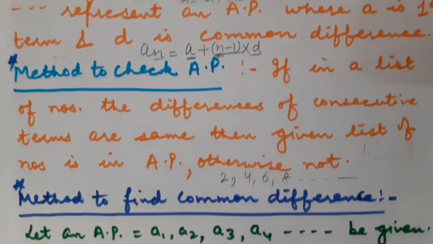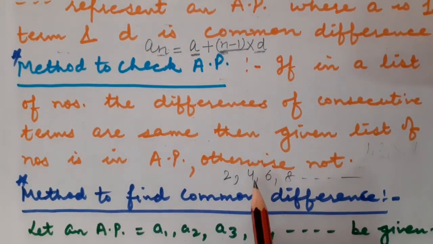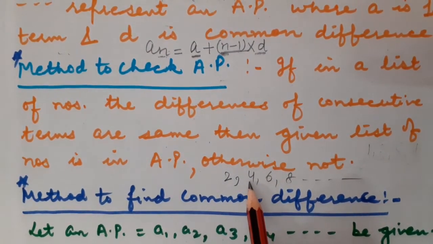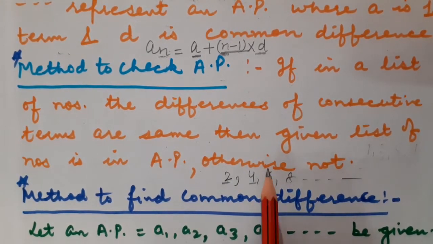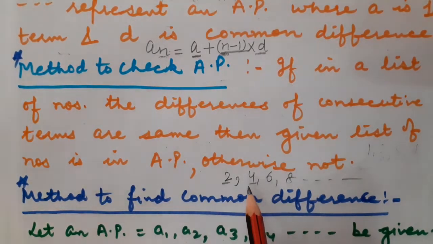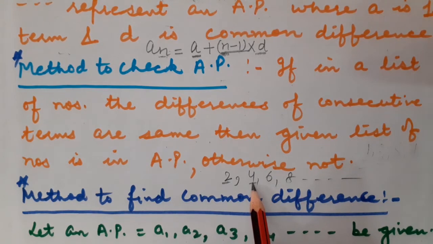Let us talk about the consecutive differences. Always make sure that you subtract the preceding term from the succeeding one to find the common difference. D is equal to A2 minus A1, the second term minus the first, that is 4 minus 2, which is 2.